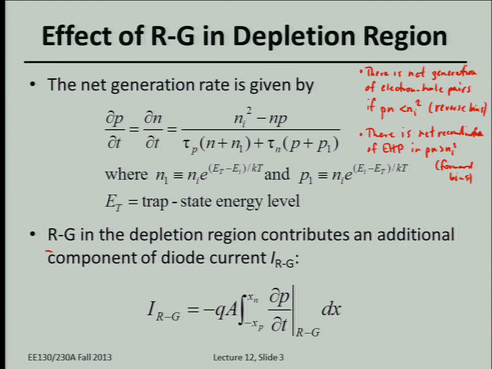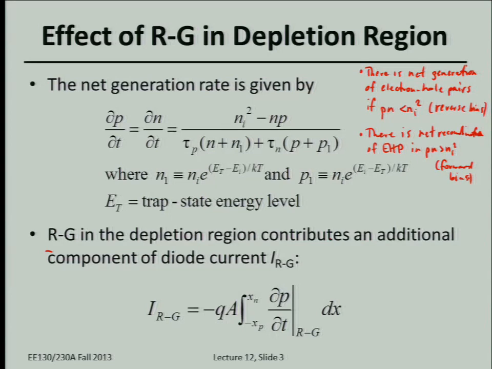Every single electron-hole pair that's generated is going to contribute 1 charge worth of current to both sides of the diode. You integrate it across the depletion region, from minus xp to xn, and the current is integrated across the whole volume, so that's across the cross-sectional area of the diode.